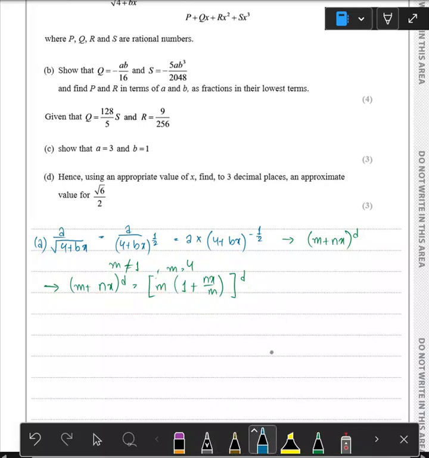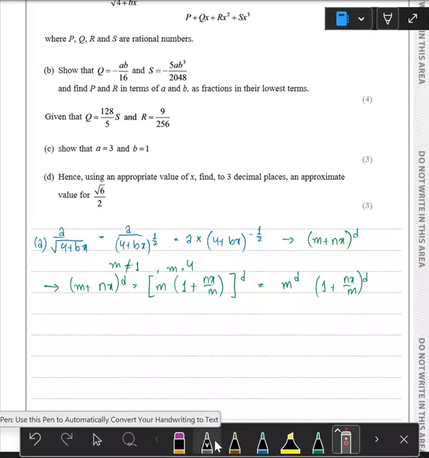So this can be further simplified and written as m to the power d multiplied by 1 plus nx by m, to the power d. I brought the power to both of these because they are getting multiplied. So m to the power 1 here, and if you multiply 1 by d, then you will get d.